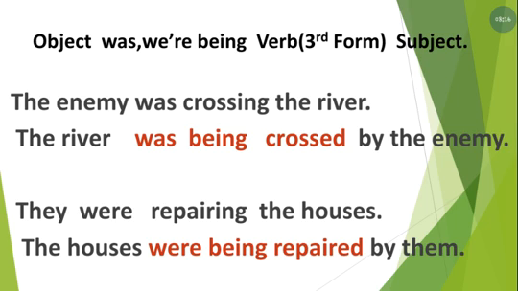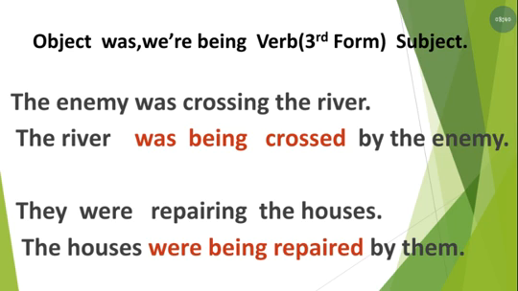Now let's see the next example. They were repairing the houses. This is your sentence of past continuous tense, and this is a sentence of active voice because your subject they is present before the verb. Now let's see how we are supposed to change it into the passive. First, to make the passive of past continuous tense, you will write the object.